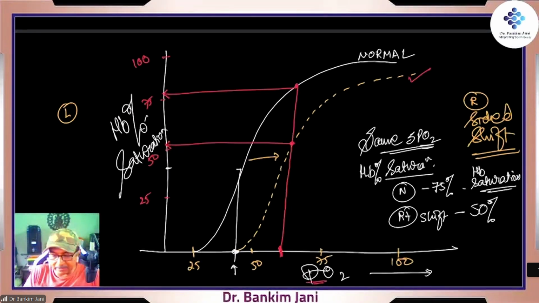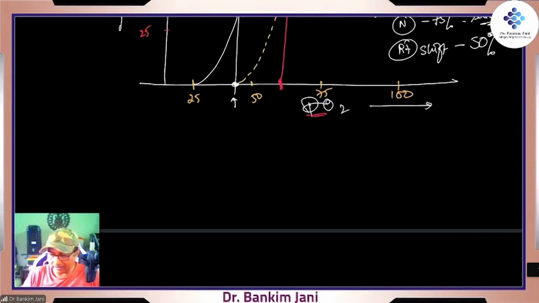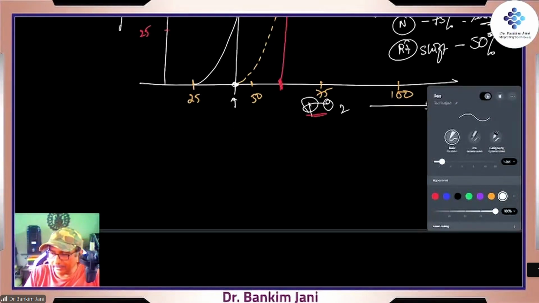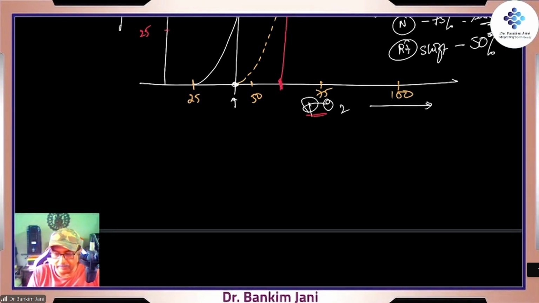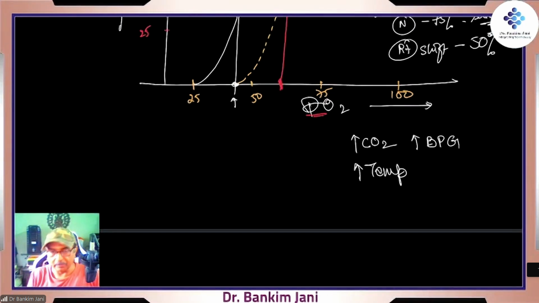So these are the interpretations. In this case there would be increased CO2, correct? Increased phosphoglycerate, because it is telling the hemoglobin to release the oxygen, don't keep it. When the temperature increases, at higher temperature, it will release it.